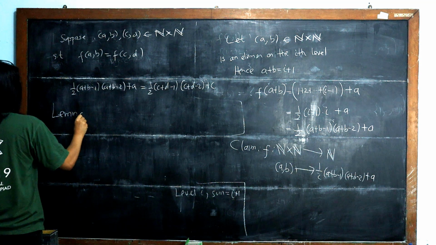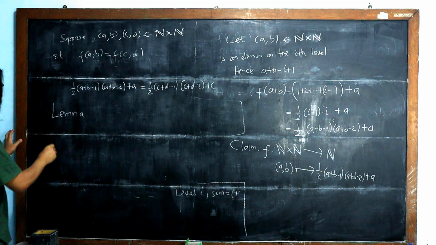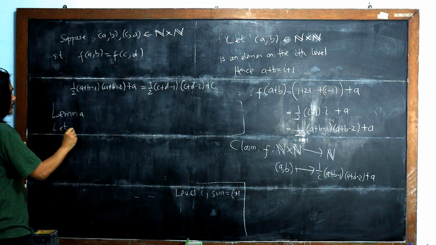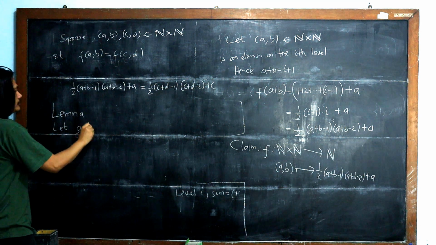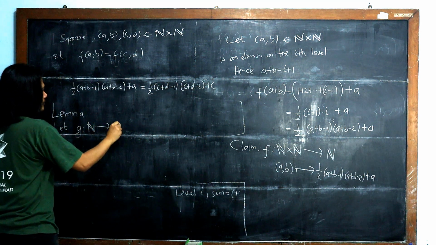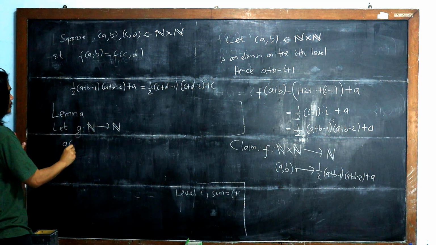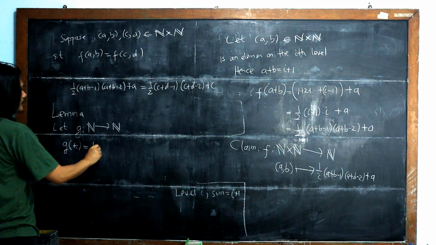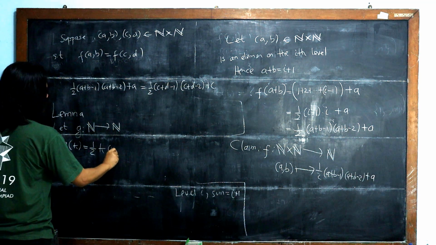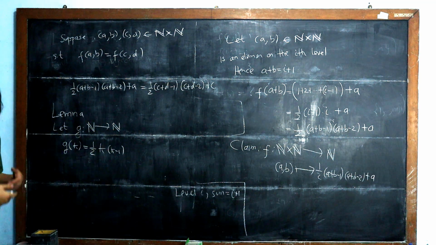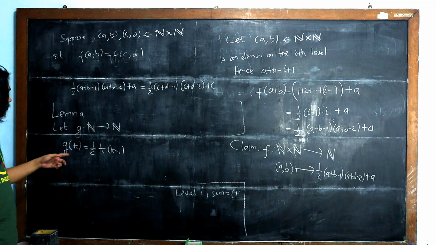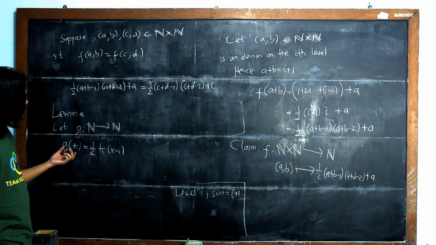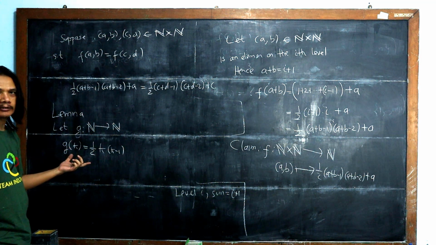Okay, so in order to do that, let's look at the function g from N to N given by g(k) is half of k times (k minus 1), okay? And well, you can see that g(k) is increasing, right?